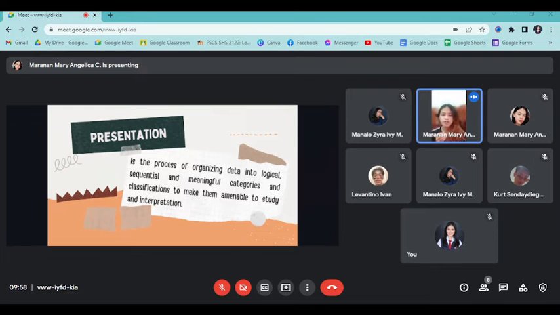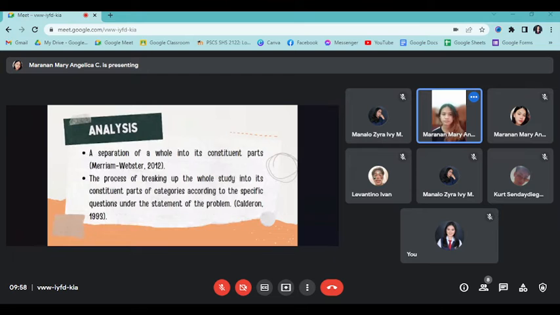Presentation. Presentation is the process of organizing data into logical, sequential, and meaningful categories and classifications to make them amenable to study and interpretation. Analysis. Analysis means ordering, manipulating, and summarizing of data to obtain answers to research questions.